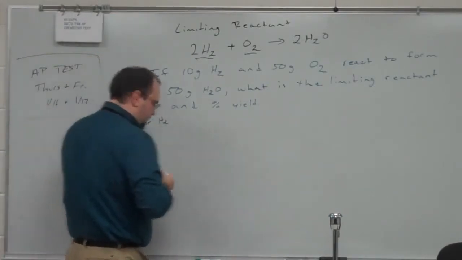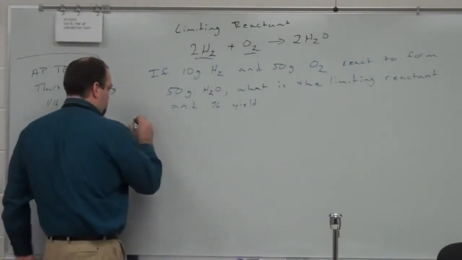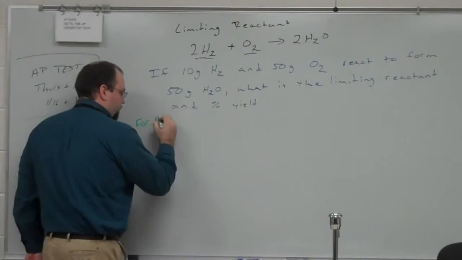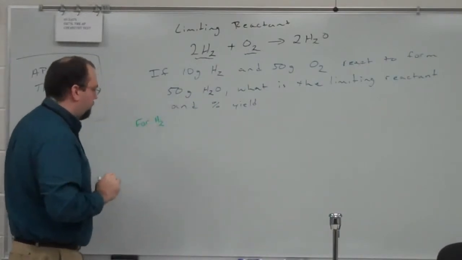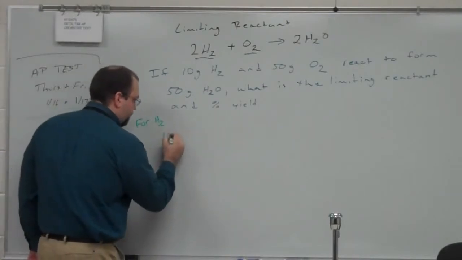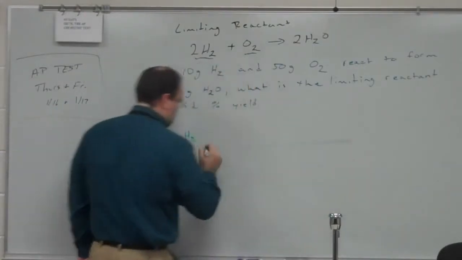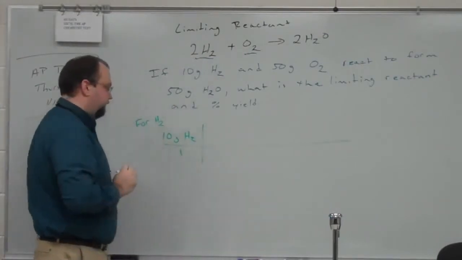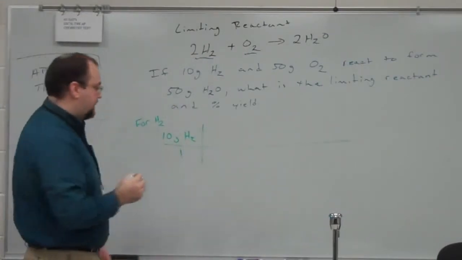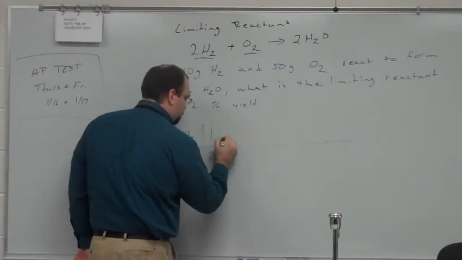You know what, I'm going to actually write that in green, because I have the color. It's kind of fun. Happy little green. Okay, so I start with what I'm given. I'm given 10 grams of H2. I put it over 1. I know the molar mass of H2 is 2.02 grams in 1 mole.